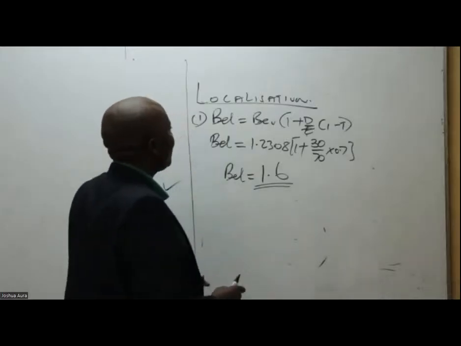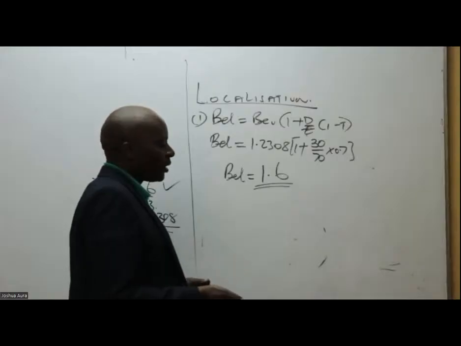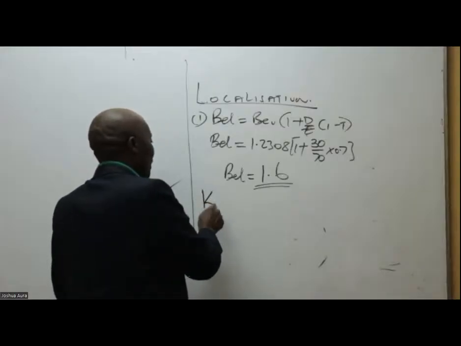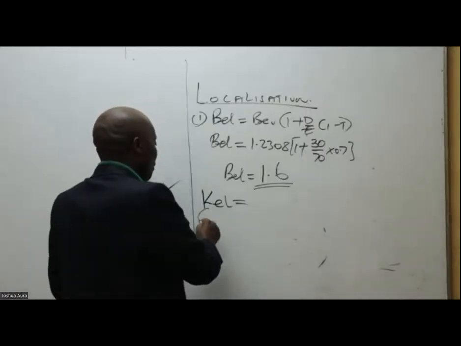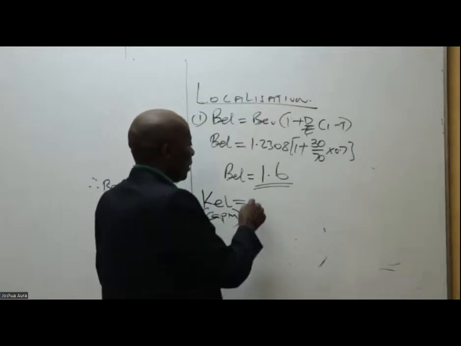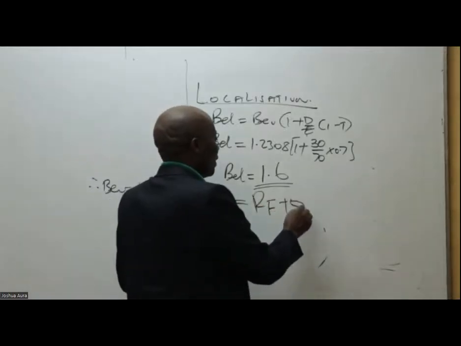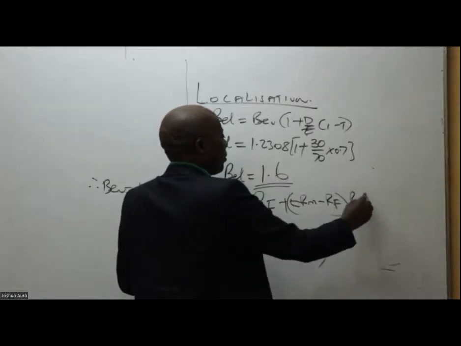So after localization, still in Roman 1, the next thing should be CAL. For CAL, we are using CAPM. So CAPM is risk-free plus expected return of the market minus risk-free multiplied by BEL, which we have just obtained.